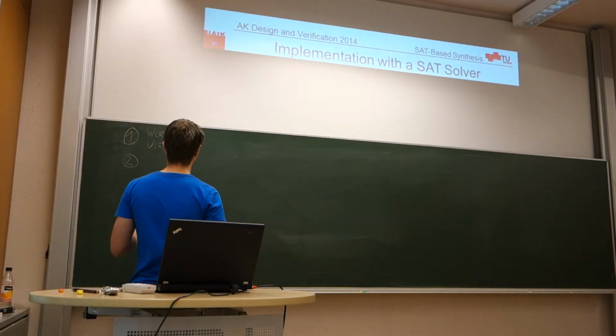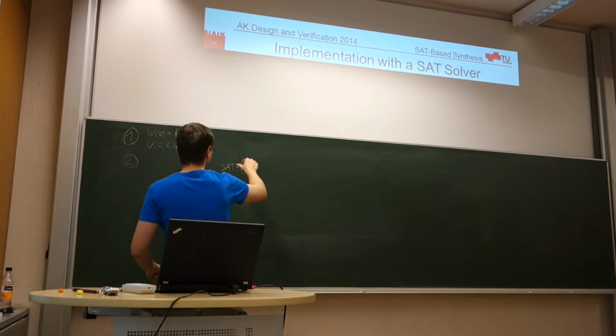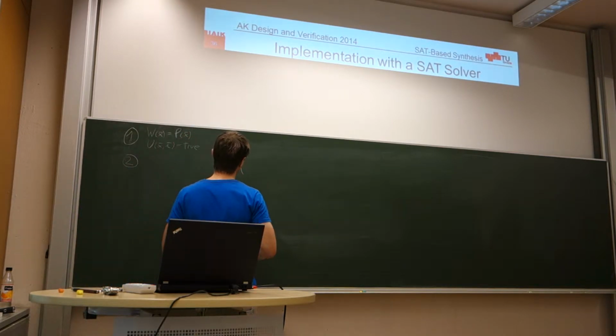And I need some space here. Is it satisfiable that we can find a state which is, let's add this U first, but ignore it.